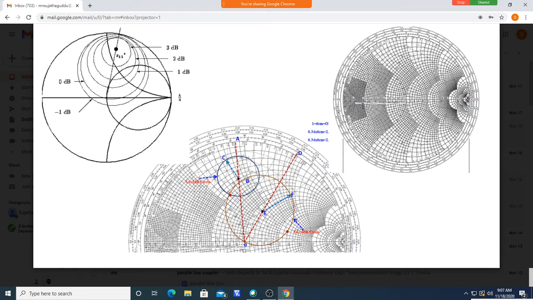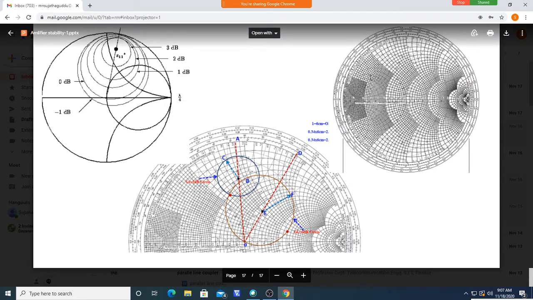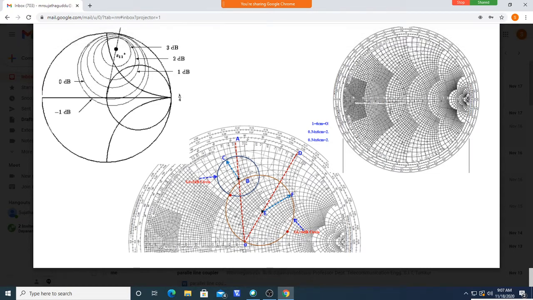First we will see the analytical solution. Using that analytical method, you can come to know whether we can use any value over this Smith chart, or only particular values, as ZS and ZL.